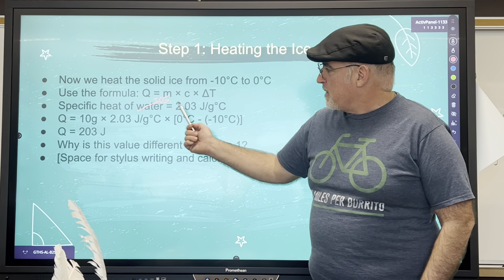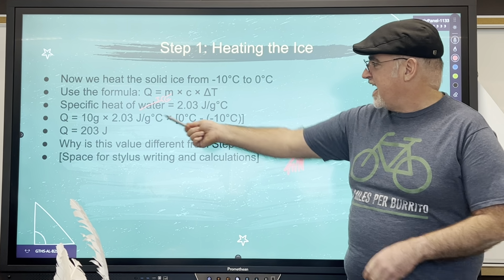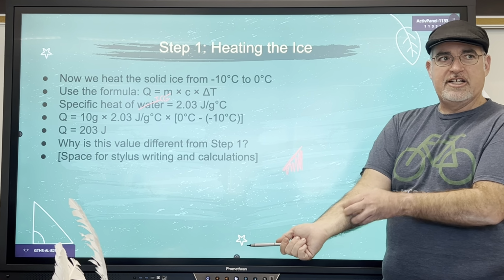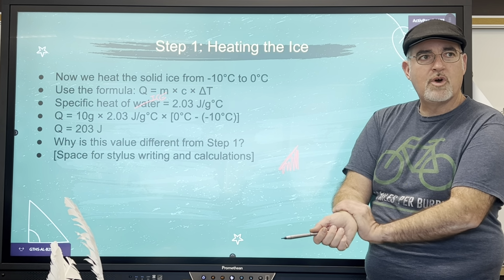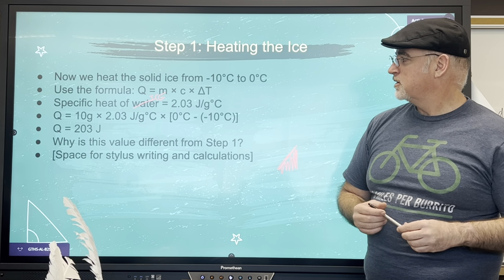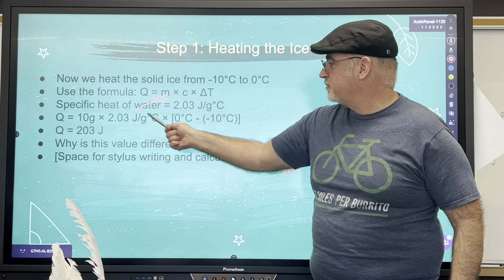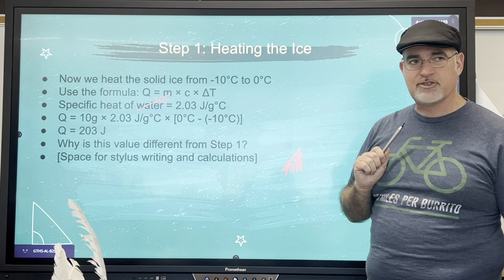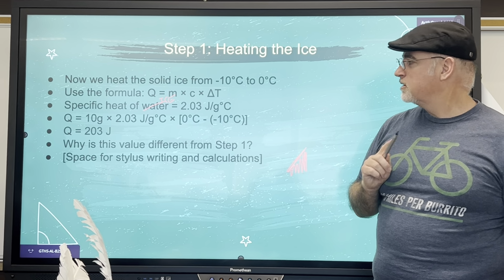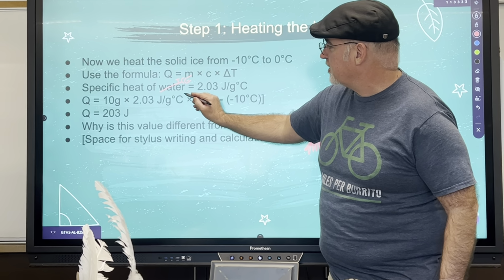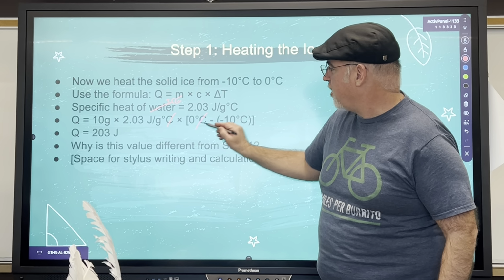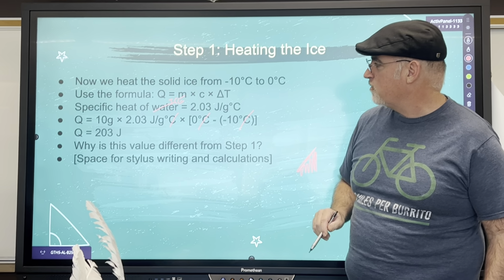Now, if I set it up and plug everything in, what units can I cancel out in this equation? We have grams, joules, and Celsius. Celsius cancels out, because it's in the denominator, so Celsius goes away. What else cancels out?